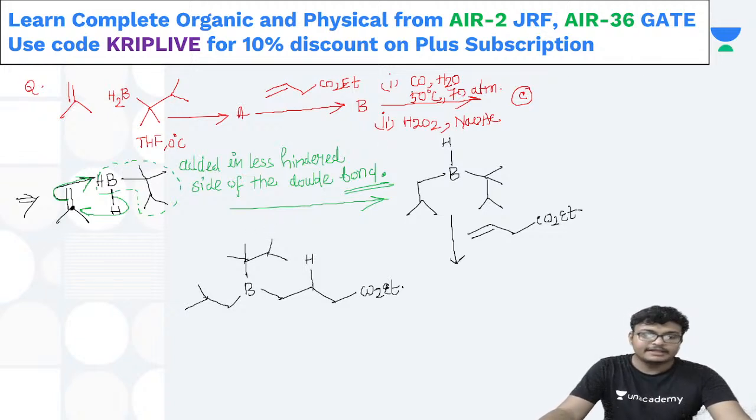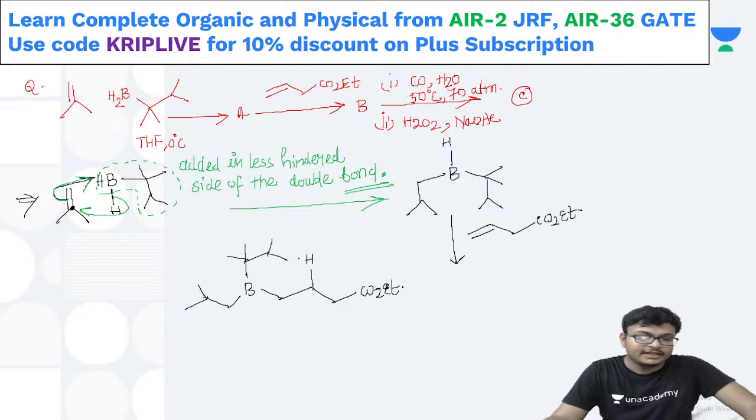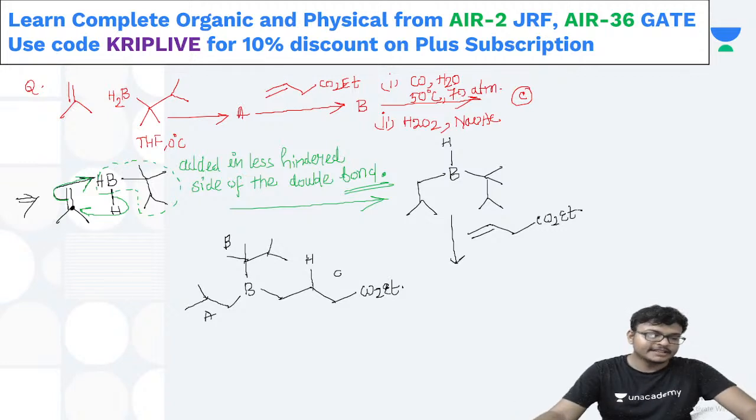So now the shortcut: choose the highly sterically hindered group among the three substituents which are on the boron. So now you have to choose which one is the most sterically hindered.